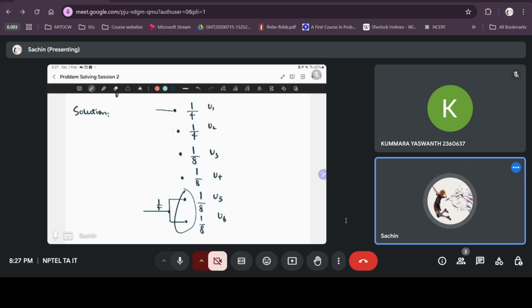So you could pick this, this, and this, any two of those. In the first stage also, the lowest probability was 1 over 8, and that was for four different messages. So you could pick any two of these and join them. The choice is up to you. Depending on your choice, you will get a different code.